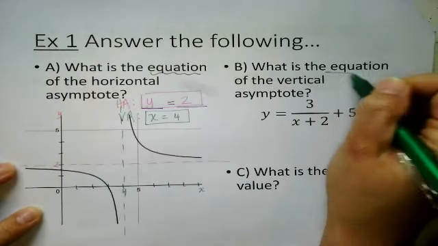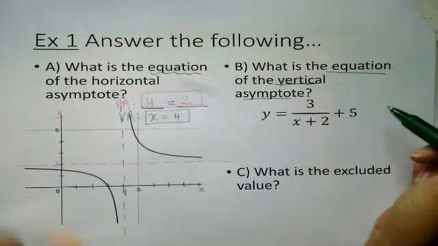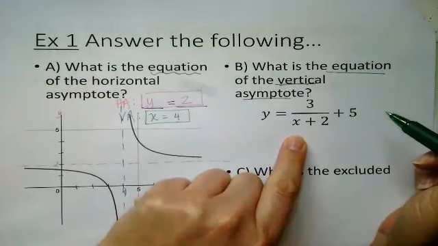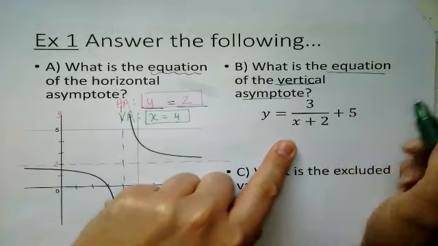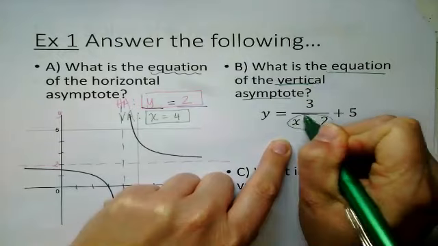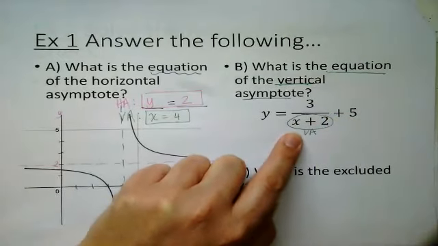So again, it's asking for the equation of the vertical asymptote in this case. And this is our formula that they're giving us, our function rule. And the vertical asymptotes always come from the denominator. Domain, denominator, denominator, domain, and the vertical asymptotes come from that.